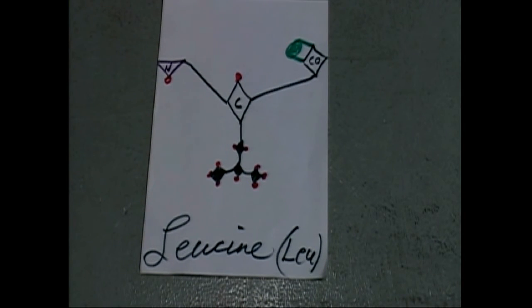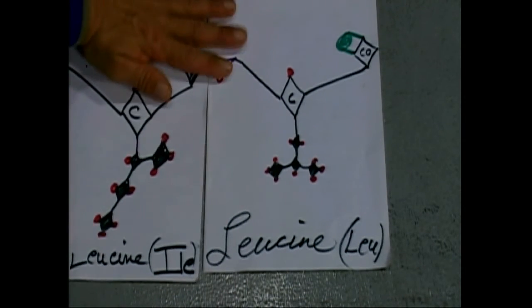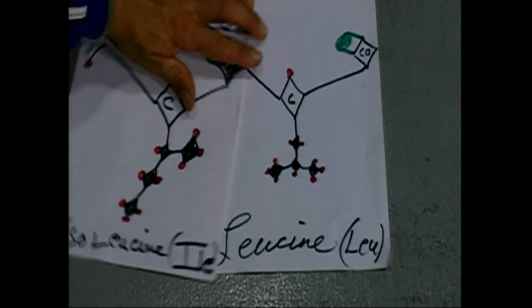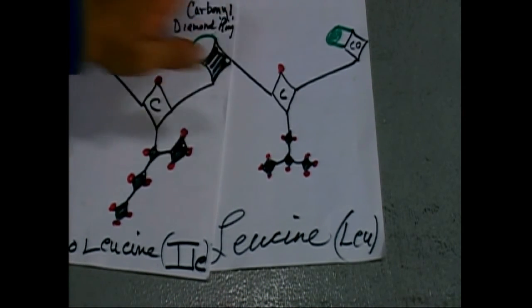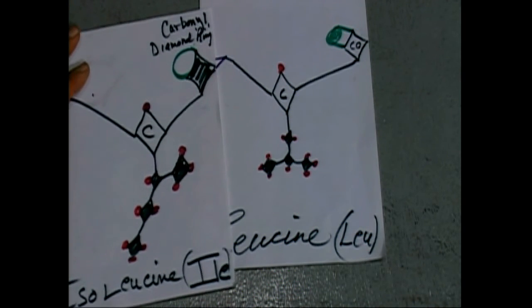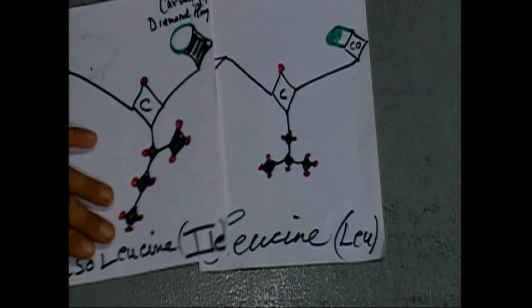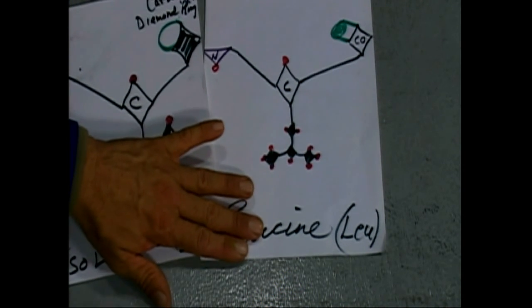Leucine has the same number of carbons as isoleucine. So let's put these next to each other and look at them here. So you can at least read it. Okay, I'm going to keep the nitrogen in there so it looks good. So can you compare them? I'm cutting out the nitrogen.